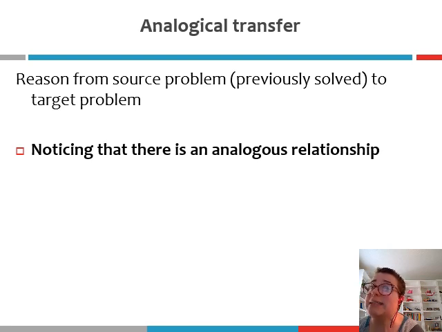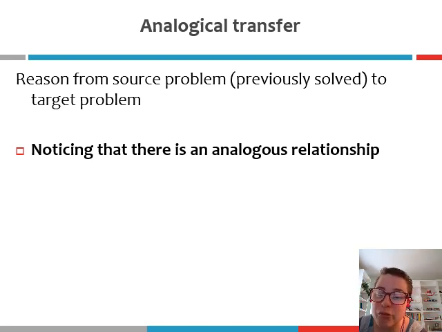So when I say similar, I don't mean just similar in terms of the underlying or structural features, but also the surface features, right? One of the things that's difficult about reasoning from the fortress problem to the radiation problem is that the topics are totally different.